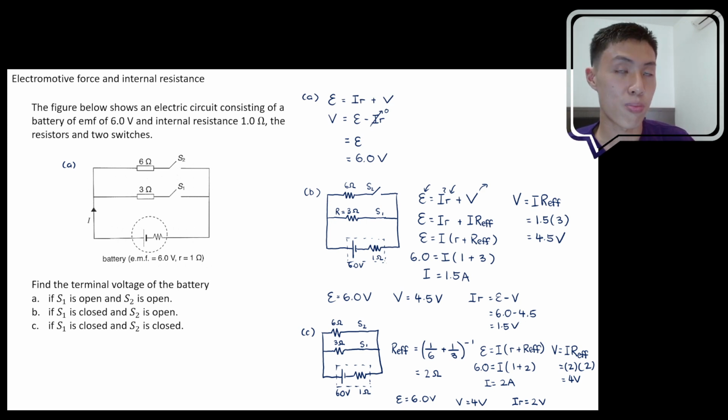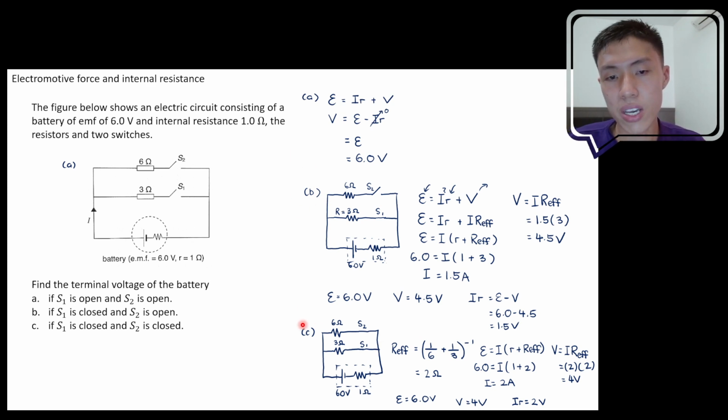Every coulomb of charge that passes through the battery will be wasting 2 joule just to get through the battery. So what's available for the external circuit is 4 joule of energy for every single coulomb of charge. Every single coulomb of charge that reaches the positive terminal will have 4 joule of energy ready to be given to the external circuit before coming back with 0 energy left. Okay, so that's the basic idea.